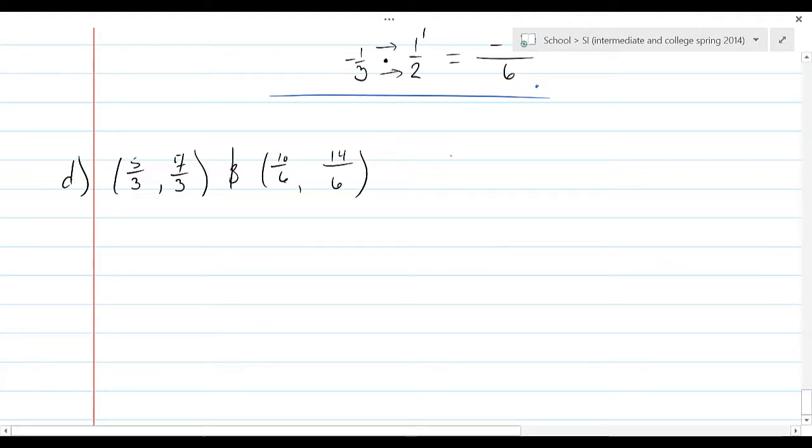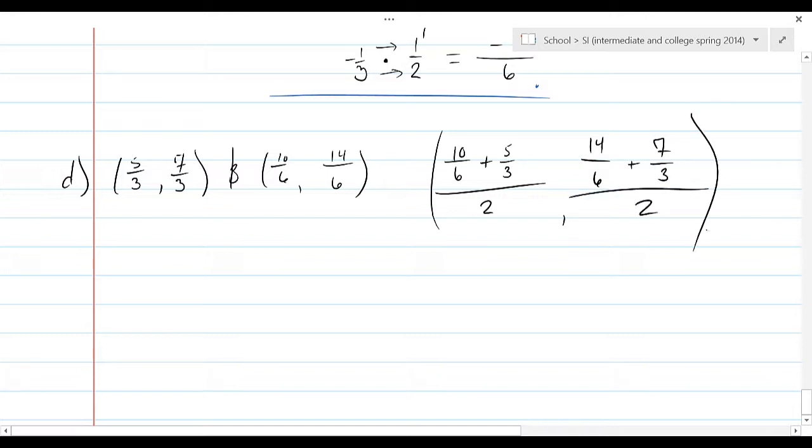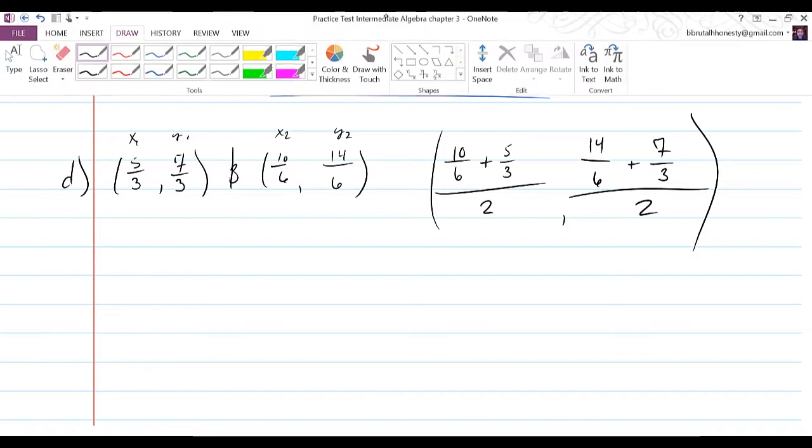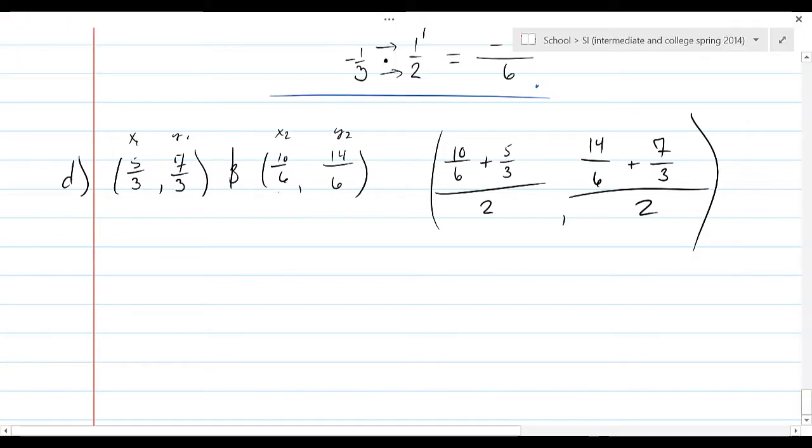I've got 10 over 6 plus 5 over 3 over 2, comma, 14 over 6 plus 7 over 3 over 2. For those of you who made it this far, some of you may be asking why I'm putting 10 over 6 in the x1 place.